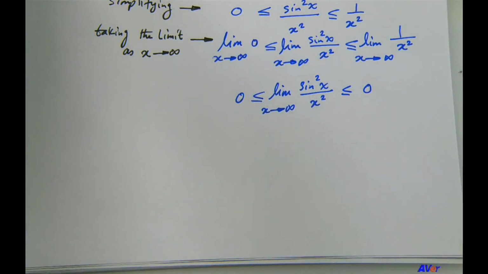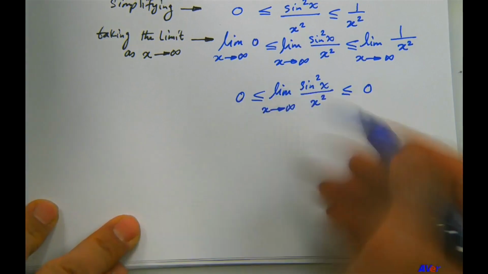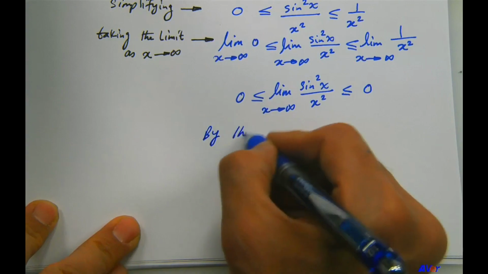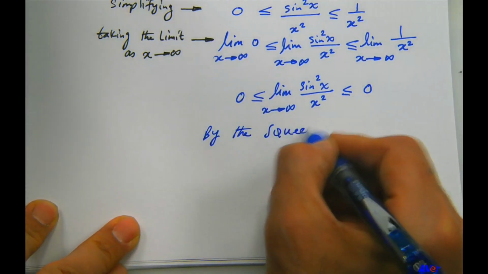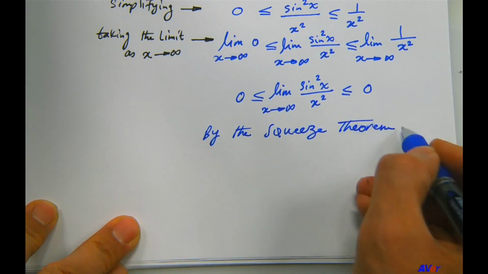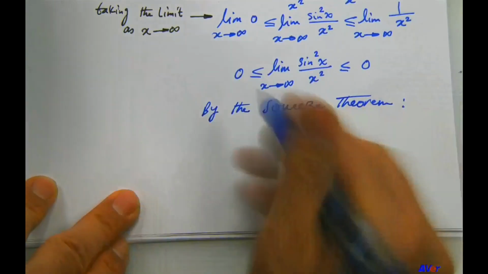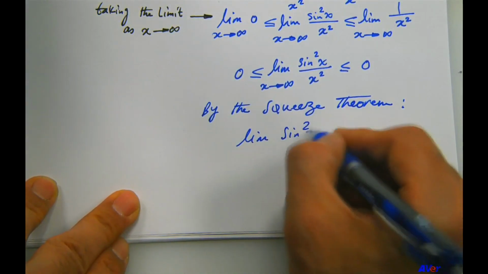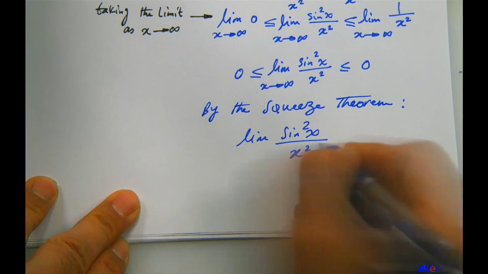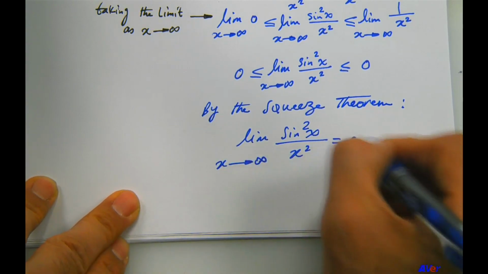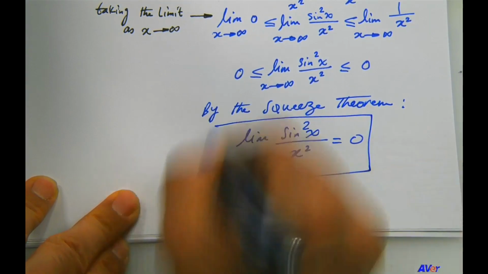So by the squeeze theorem, the middle part should also approach 0. So by the squeeze theorem, we have the limit of sine squared of x divided by x squared as x goes to infinity is also equal to 0.